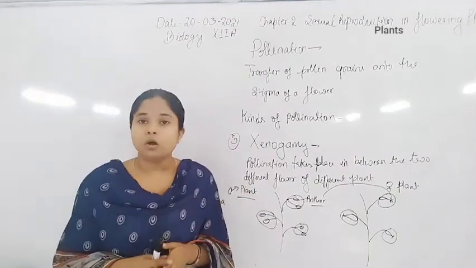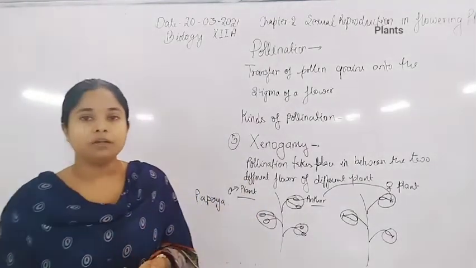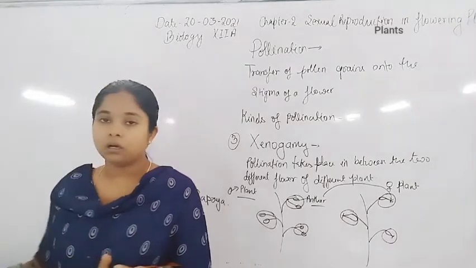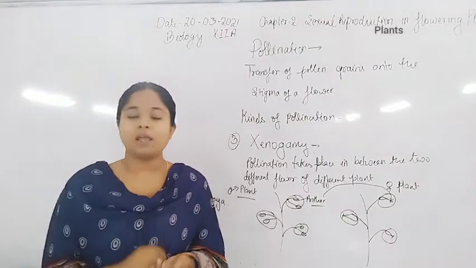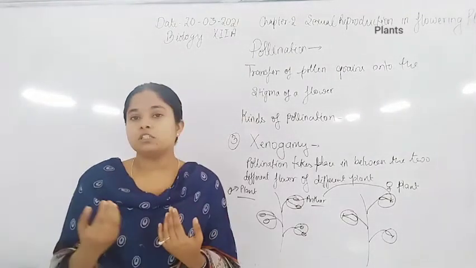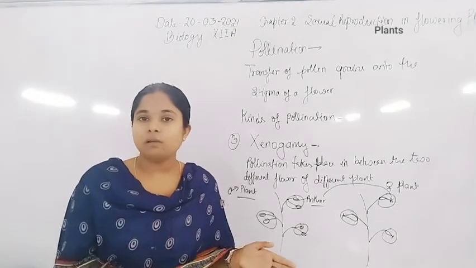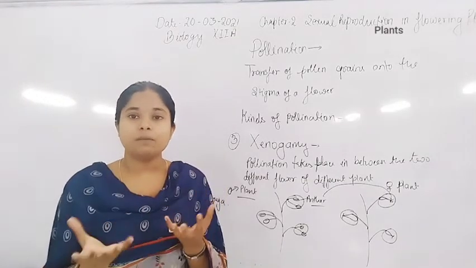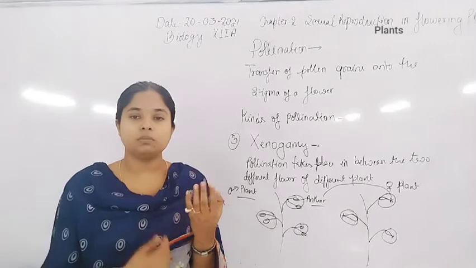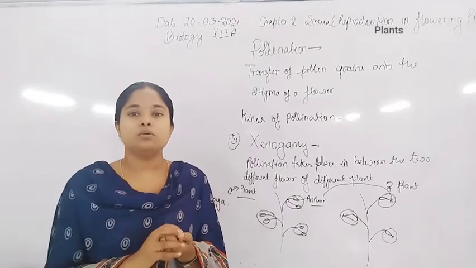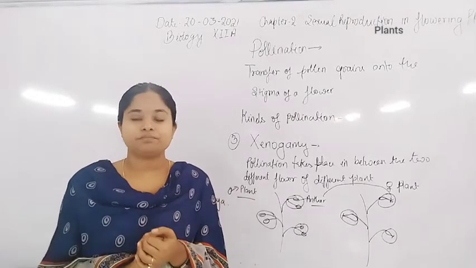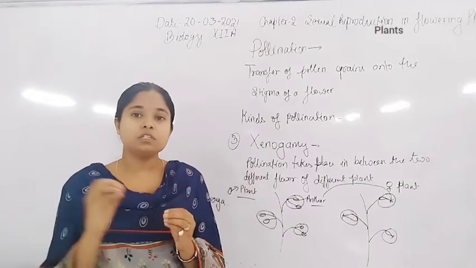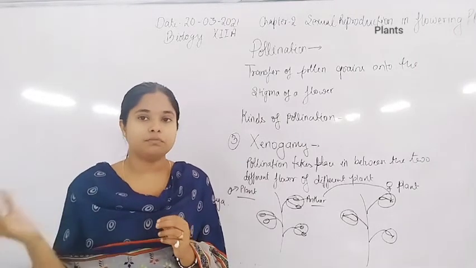But in autogamy there are two kinds of flower, that is, chasmogamous flower and cleistogamous flower. Chasmogamous flower is the open type of flower, so the stigma is able to receive the pollen grains of a different flower.